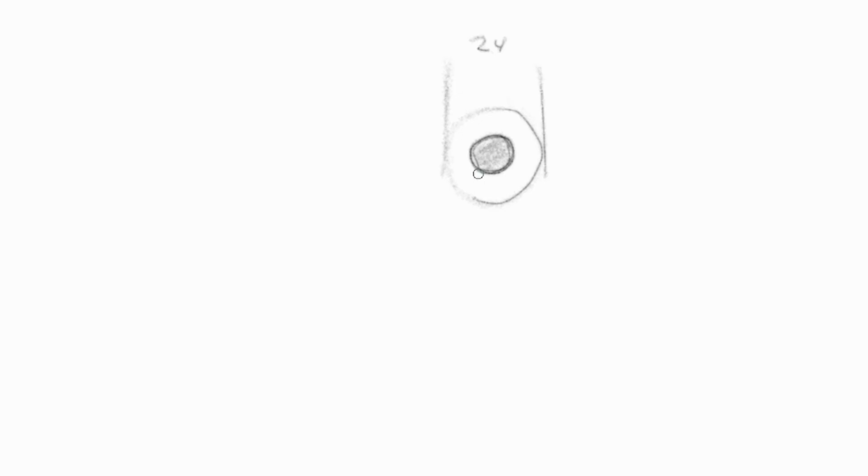Alright, and the iris is about 12 millimeters, so it should be that this distance is the same as this distance. So the radius, I guess you could say, of the iris is the same as the distance to the edge of the total sphere of the eye.